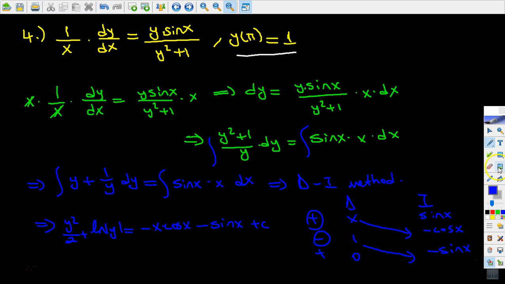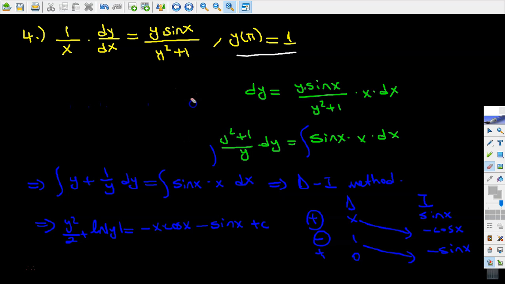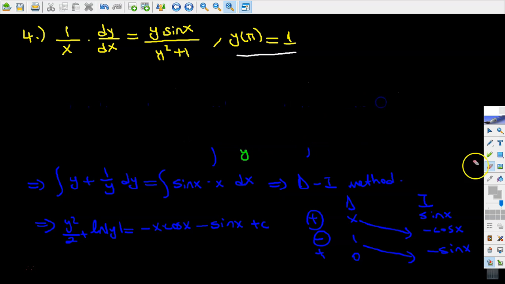Okay, so I'm just going to clean up this part of the board. The y is 1, so it's going to be 1/2 plus natural log 1 equals, x is pi, so negative pi times cosine pi minus sine pi plus c.